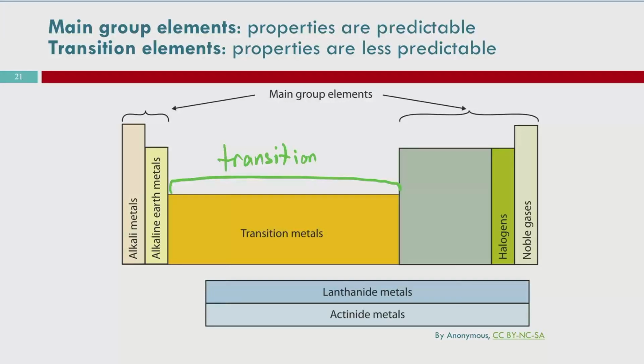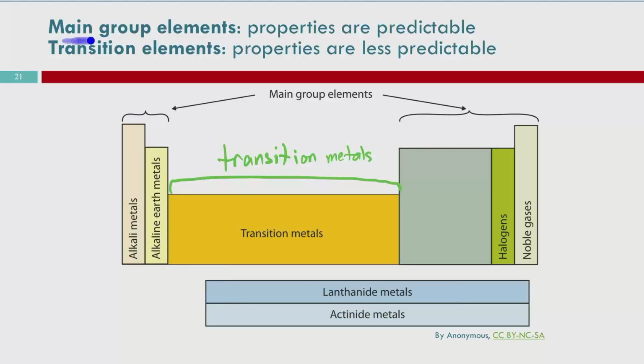Everything else is main group. And we don't really talk about lanthanides and actinides very much in the class. So main group, first 2 columns, last 6 columns, and that middle block, that rectangle in the middle, that's our transition metal or transition elements section.